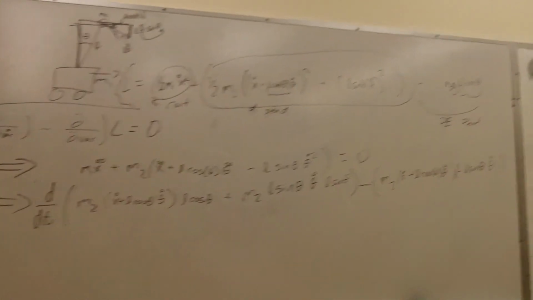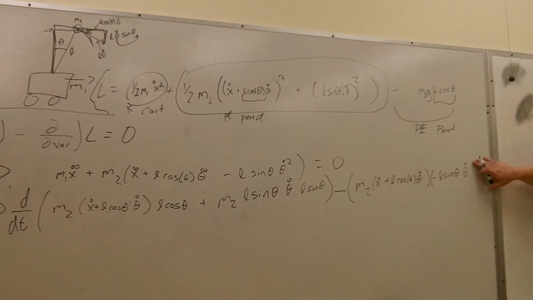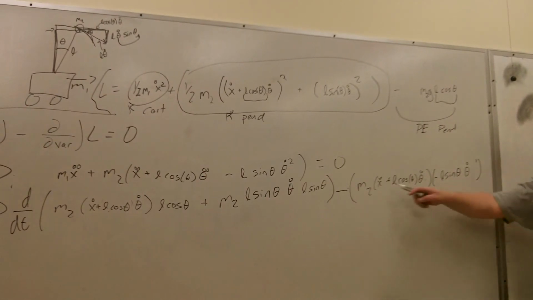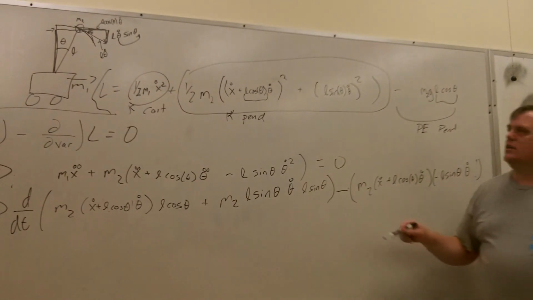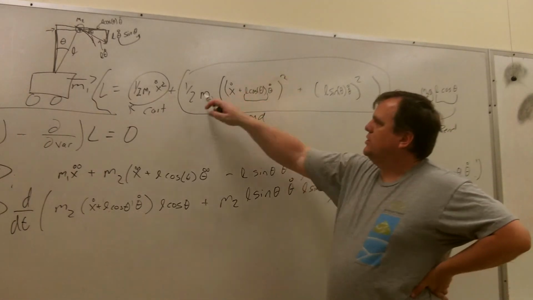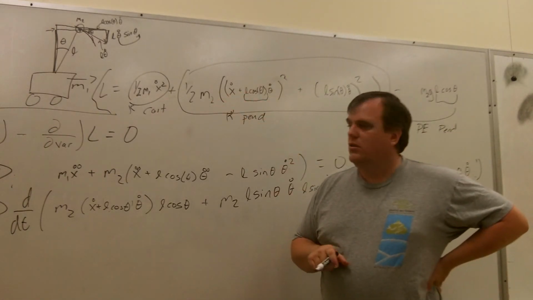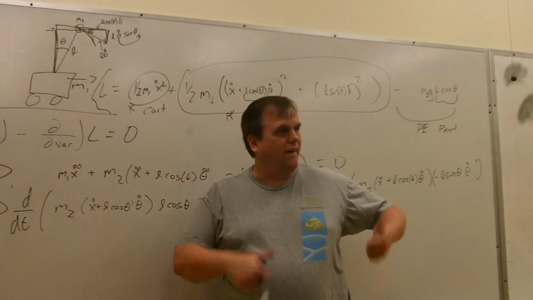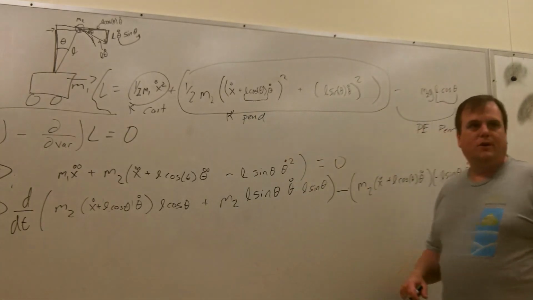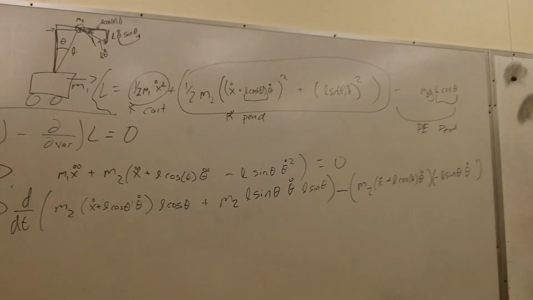Do we agree? That's for the first term. So this comes from this one times that. Partial with respect to the variable. I told you it's big. But imagine trying to figure these out all by trig. At least in this sense, it's taking care of it all for you.